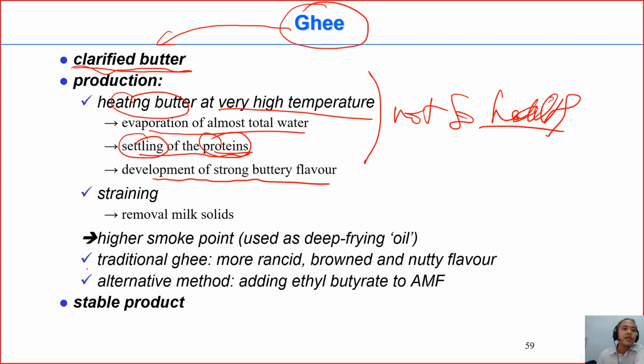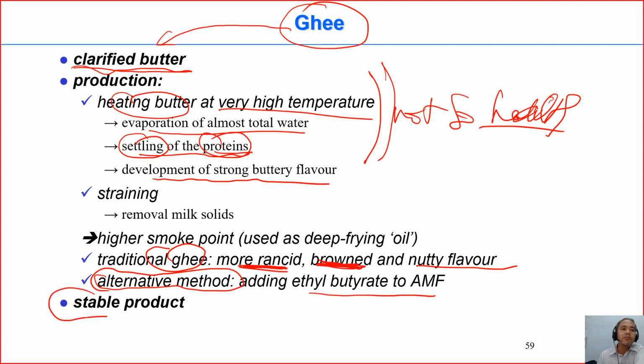Okay, but nowadays they have a new method. They just add some additive instead of doing the long and intensive heat treatment, to have a similar flavor. The traditional ghee is more rancid, the fat is more oxidized, the color is kind of dark, the flavor is nutty. The ghee is also a stable product because no microorganism can grow.